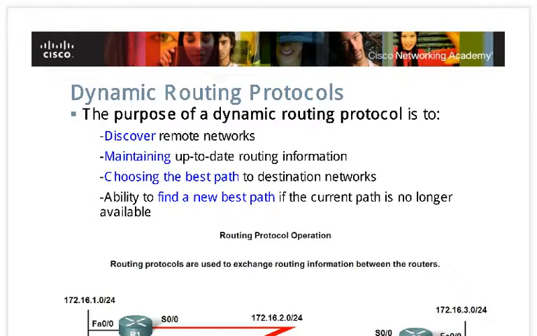So based on the up-to-date, and by up-to-date here, we don't necessarily mean stable state. Up-to-date means that you have a snapshot of the system at any point in time. Okay? Based on this snapshot of the system, you determine the best path based on the information that you have at this point in time.